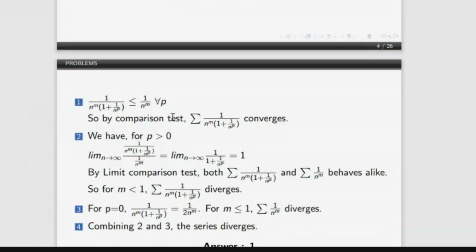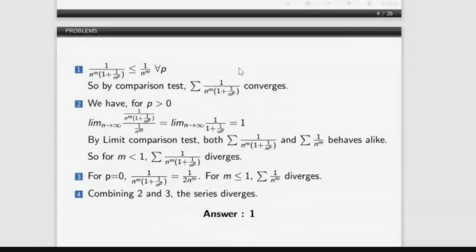So I can say this inequality, that 1 by n power m into (1 plus 1 by n power p) is less than or equal to 1 by n power m for any p that I take. So by comparison test, I can say that the series is convergent.